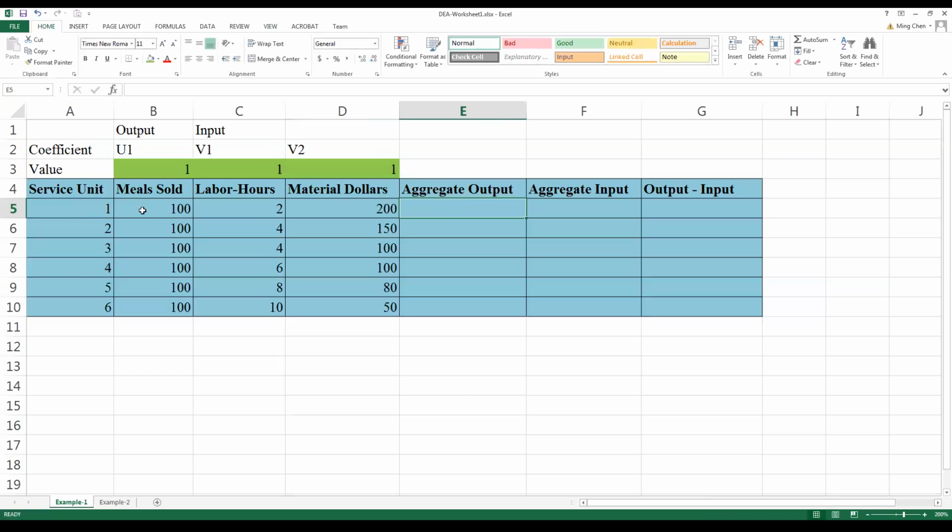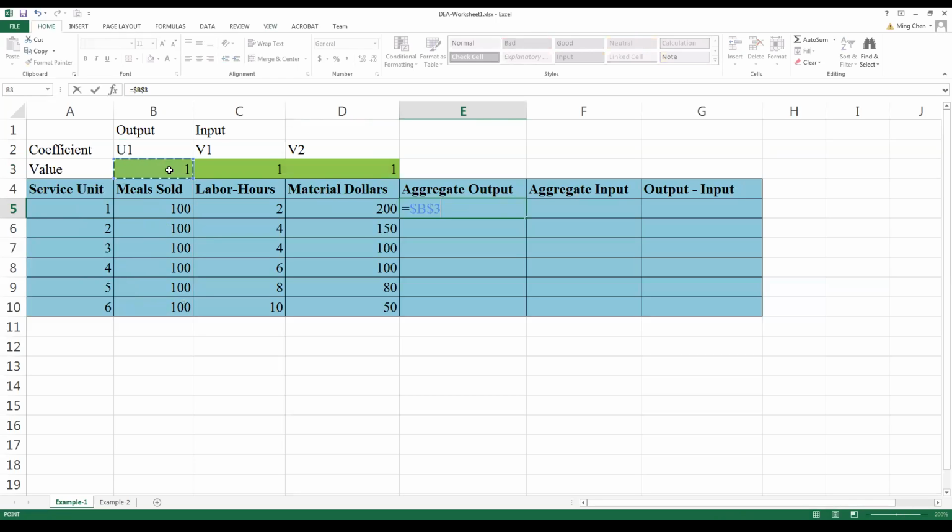Based on this, I need to aggregate. For service unit 1, because I only have one output, this is easy. The way you do it is the coefficient times the corresponding output. Here, I'm going to lock B3, because for all other service units we're going to use the same coefficient value.